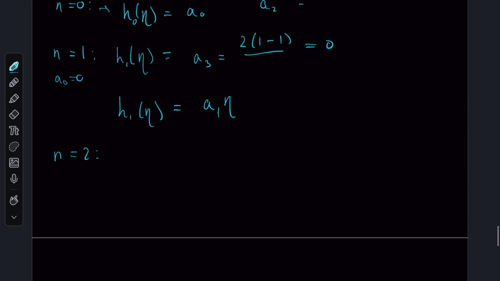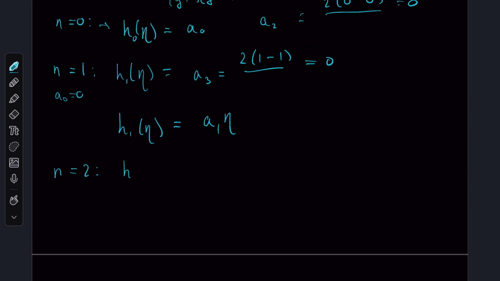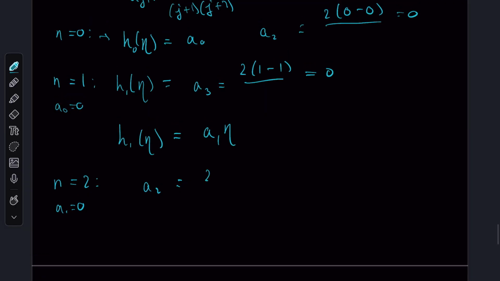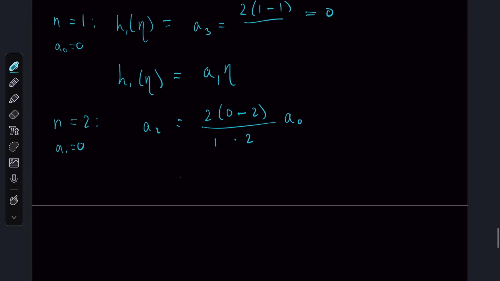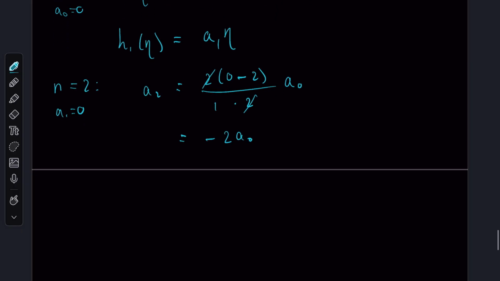And now for the second excited state, we're going to set a sub 1 equal to 0. And then let's see what a sub 2 is going to be. It's going to be 2 times 0 minus the energy level, which is 2, over 1 times 2 times a sub 0, which is just going to be negative 2 a sub 0.